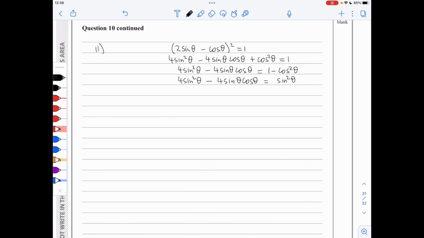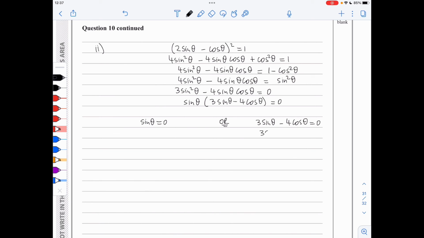I will collect everything on the left hand side, which gives me 3 sine squared theta minus 4 sine theta cos theta is 0. I'll factor out the sine theta, so it's sine theta times (3 sine theta minus 4 cos theta). So I have that sine of theta is 0, or 3 sine theta minus 4 cos theta is 0.